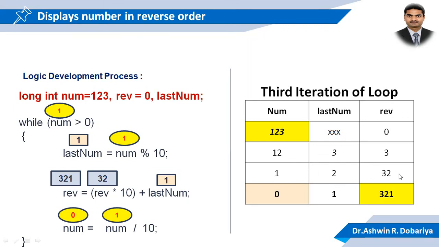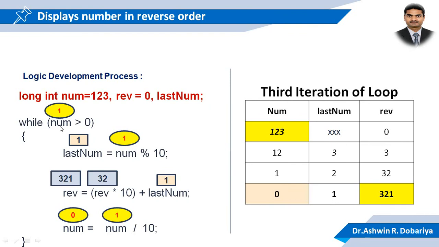Then what is the last value of reverse? 32. 32 multiplied by 10 becomes 320, and 320 plus the last digit becomes 321. And after that, number 1 divided by 10 becomes 0.1. Actually as per mathematics 1 divided by 10 means 0.1, but both are integers, so 0.1 will be ignored, and it returns only 0.